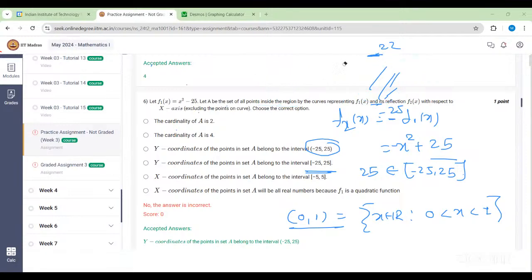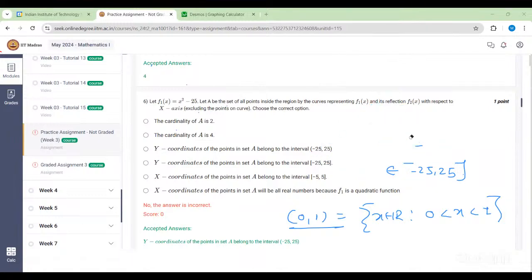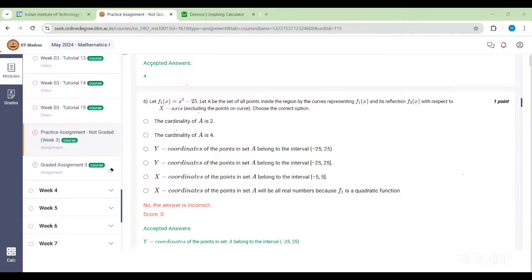Can we discuss the last option in the sixth question? The x coordinates of the fifth option, since it's a closed interval, that is not the right answer. And the sixth one: x coordinates of the points in set A will be all real numbers, because f1 is a quadratic function.